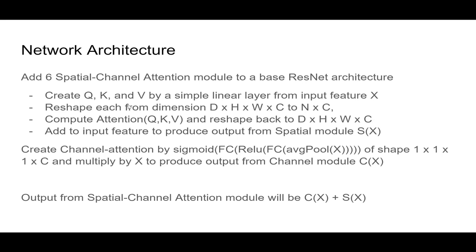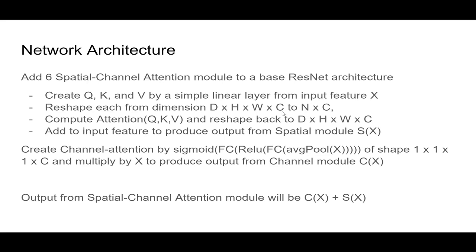For spatial attention, the query, key and value are generated by a simple linear layer from the input to this module, which you can imagine has a shape of D times H times W times C. As you know, in deeper layers of ResNet, the value of C increases.